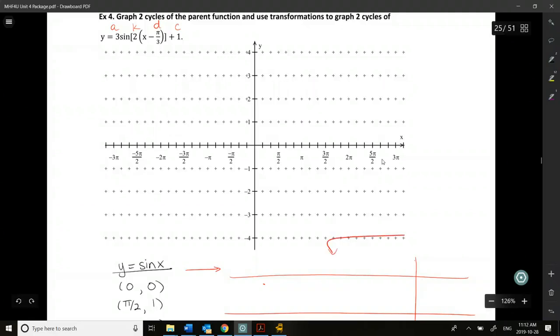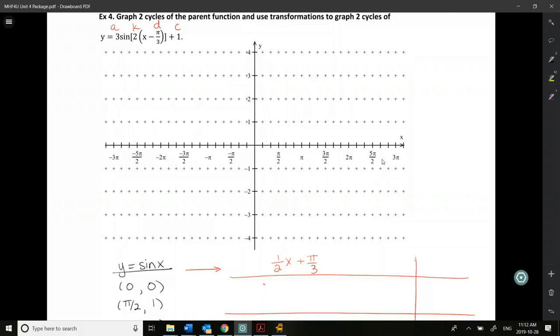How do I set up these equations that will help me transform my parent function points? Does anyone remember? For x would be 1 over 2x plus pi over 3. Great. So reciprocal of the k value times x, and then switch the sign of the d value. So it'll be plus pi over 3.